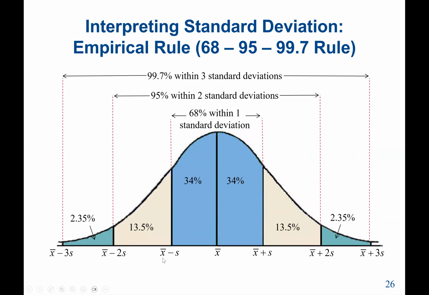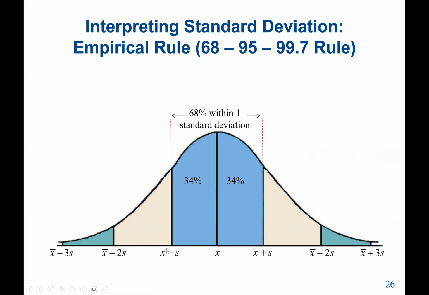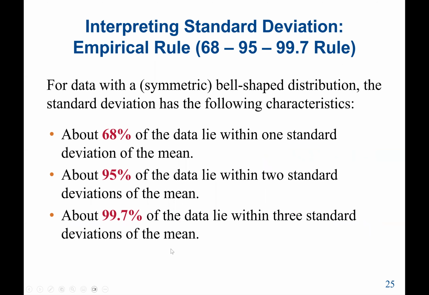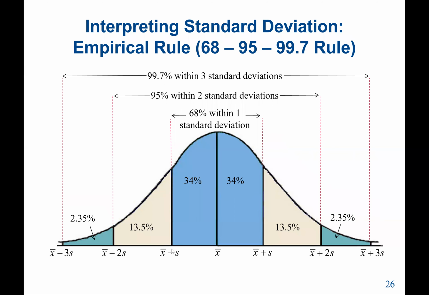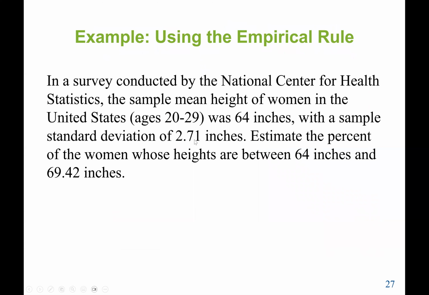So this means the standard deviation from the mean, and also the standard deviation plus the mean, is 1 standard deviation. Now 2 standard deviations will be 2 times. The standard deviation is 2.71 and the mean is 64.